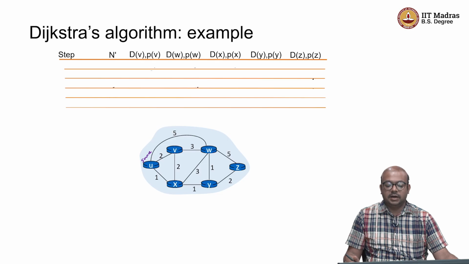Then there are these tuples, dv comma pv. dv is the current estimate at the ith step of the algorithm, representing the distance or the least cost to v, and pv or pw or px is the predecessor node. So, if you want to reach v, what is the previous node you should visit? With this, let us start.